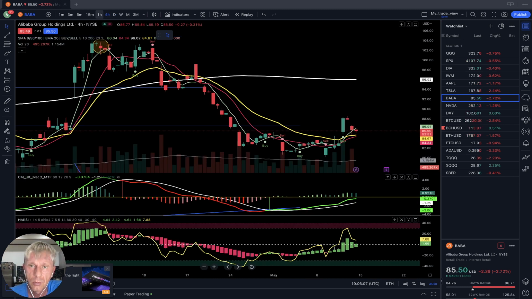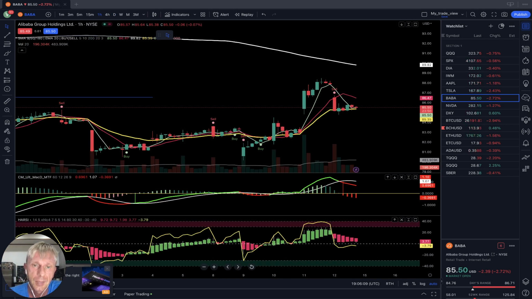It is still below 200, you see. Still below 200. Even it did so huge run, did gap up, but it was sold off and still negative. Still negative on 1 hour time frame, but on 4 hours and daily time frame it is positive.